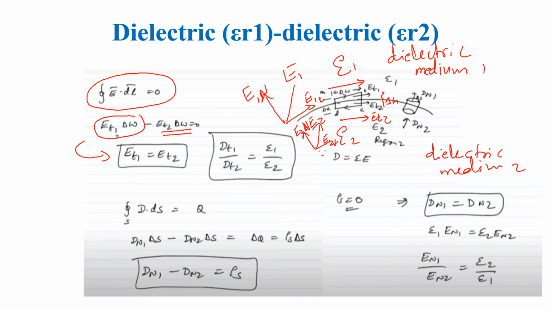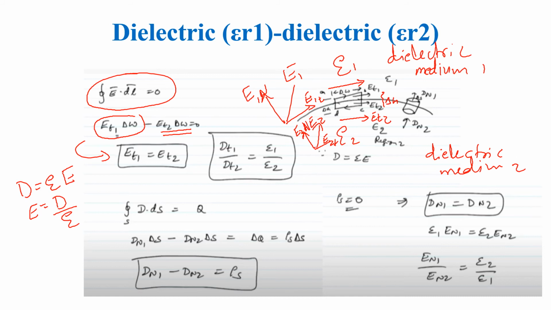So if ET1 is equal to ET2, we can write this in terms of D, because we know that D equal to epsilon times E. If it is free space, it is epsilon 0, but here it is D equal to epsilon times E. So instead of E, you can substitute D divided by epsilon. So E equal to D divided by epsilon.